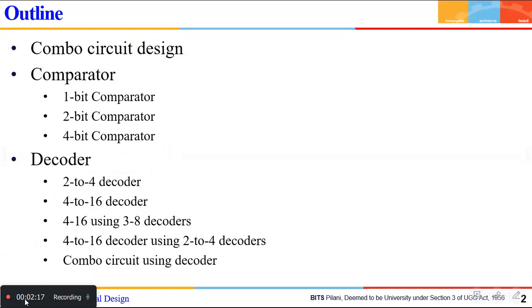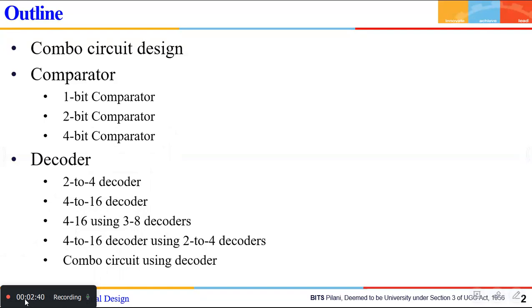In this case it is going to be bits. When you compare a single bit, it is called a one-bit comparator. When you compare 2 bits, it is a 2-bit comparator. When you compare 3 bits, it is a 3-bit comparator. Comparator is quite easy, right?